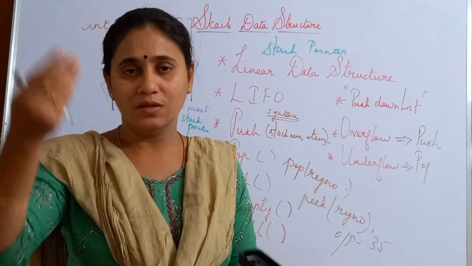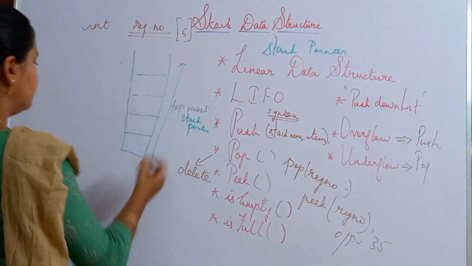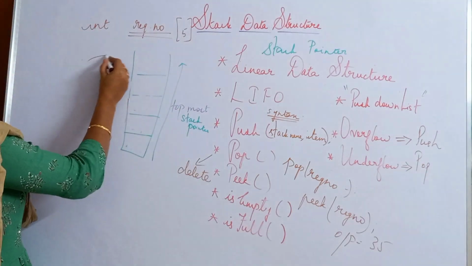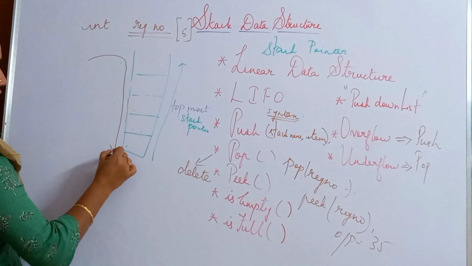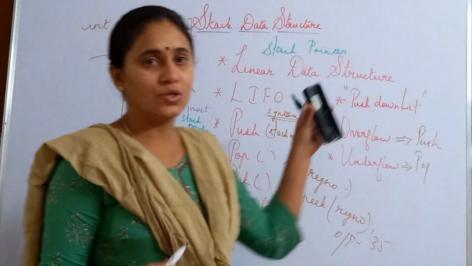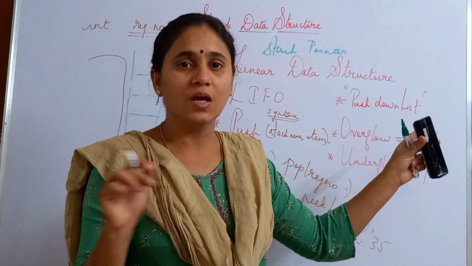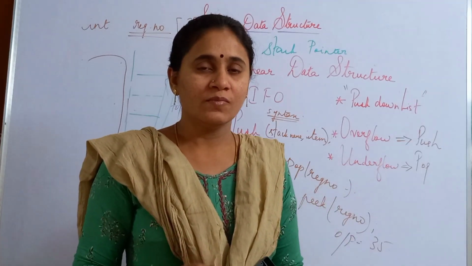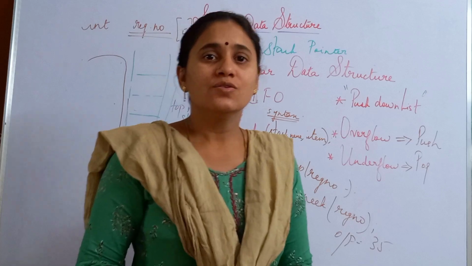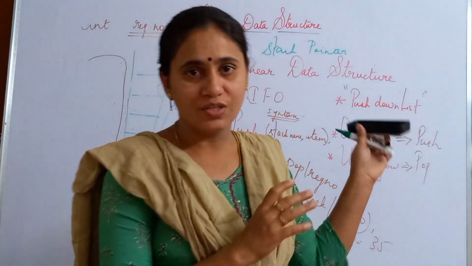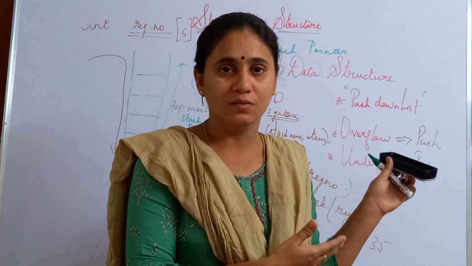Once an element comes, we move in this direction towards downward, so we call it a push down list. Just to note the meaning, it is enough. The name is push down list. Okay friends, clear? That's all about the general concepts and important points.